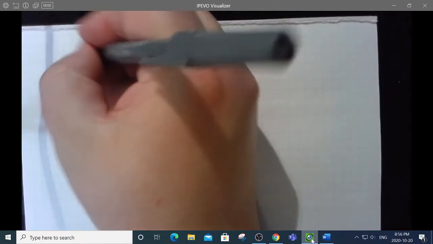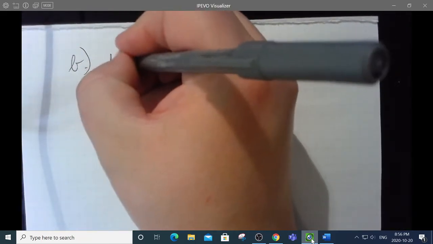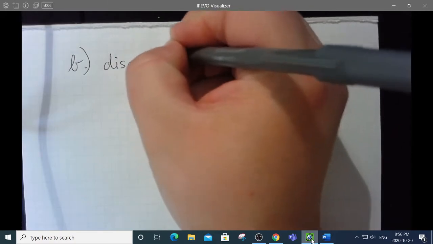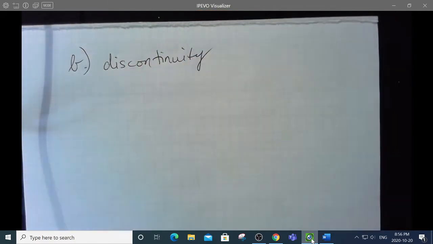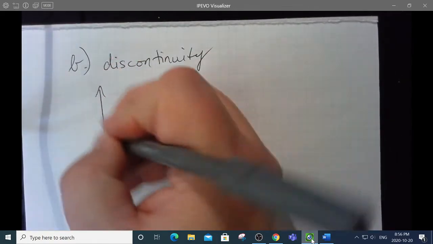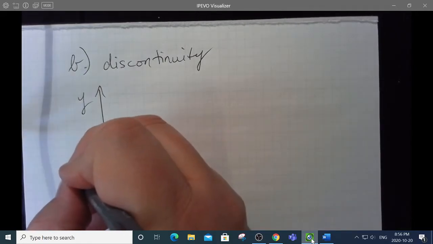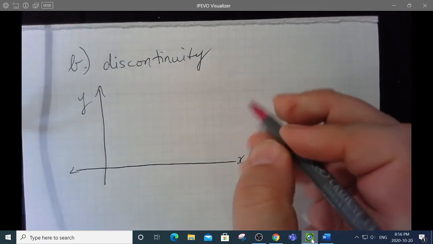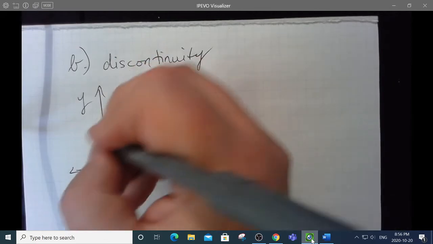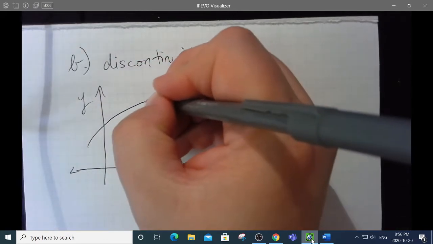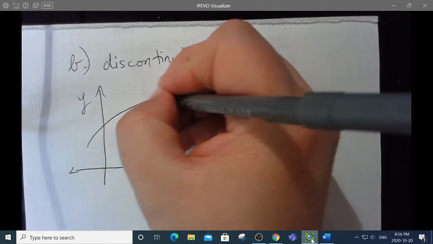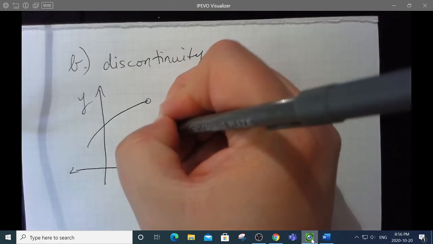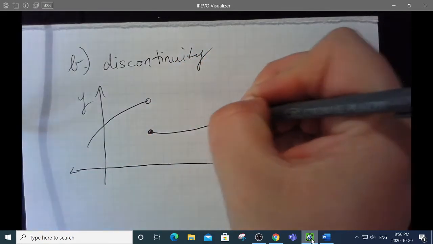That's just one, right? The other two are B, you can't differentiate at a discontinuity. And again, I'll kind of copy the example they had. The example they had was something like, if you have, this is the y line, and this is the x line, something like a curve going this way that has an open dot here, and then right underneath it, the solid dot, and then it goes, say, that way.